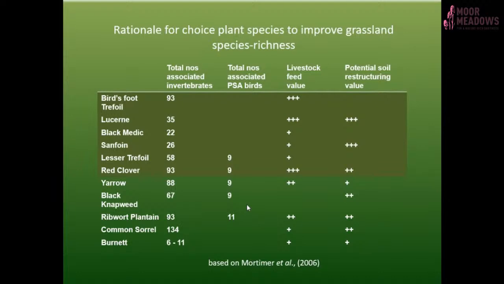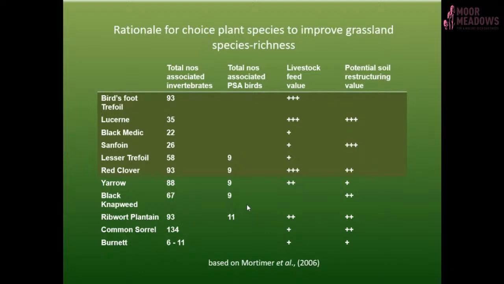If you look down the next columns, you'll see either 3 pluses, 2 pluses, or 1 plus. Those just signify the value or importance of these different species to either livestock or the potential for soil restructuring, which is now really important when a lot of our soils have had their structures damaged by either intensive management in the past or heavy stocking rates that have been applied.